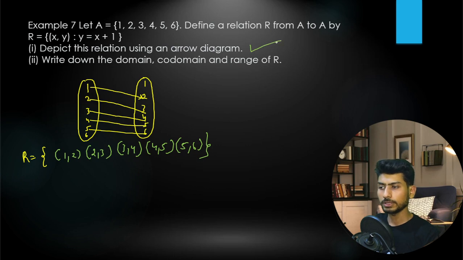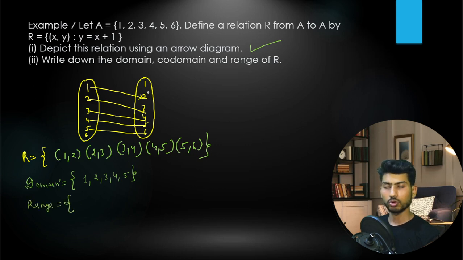Make the arrow diagram here like this. They are asking what are the domain, codomain, and the range. Can you tell me what the domain, codomain, and range are? Domain is basically the elements which have images. So I can write 1 2 3 4 and 5, only these. What is the range?